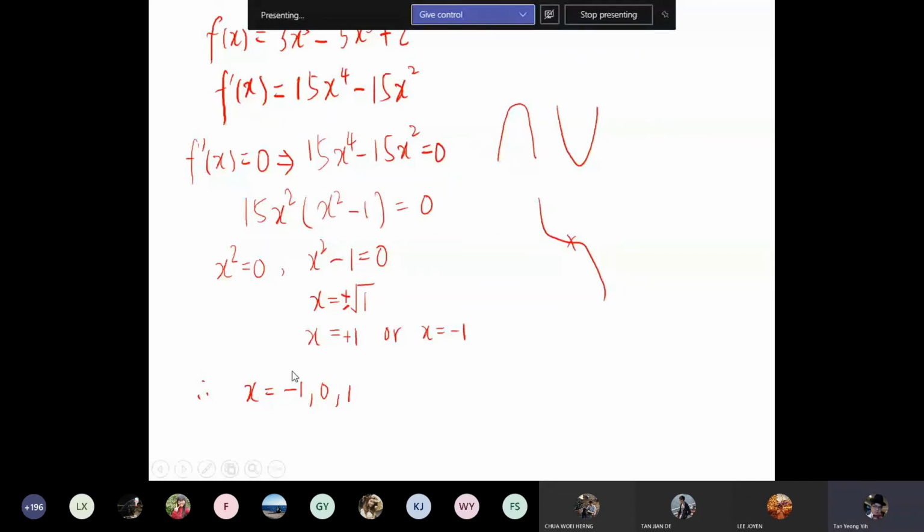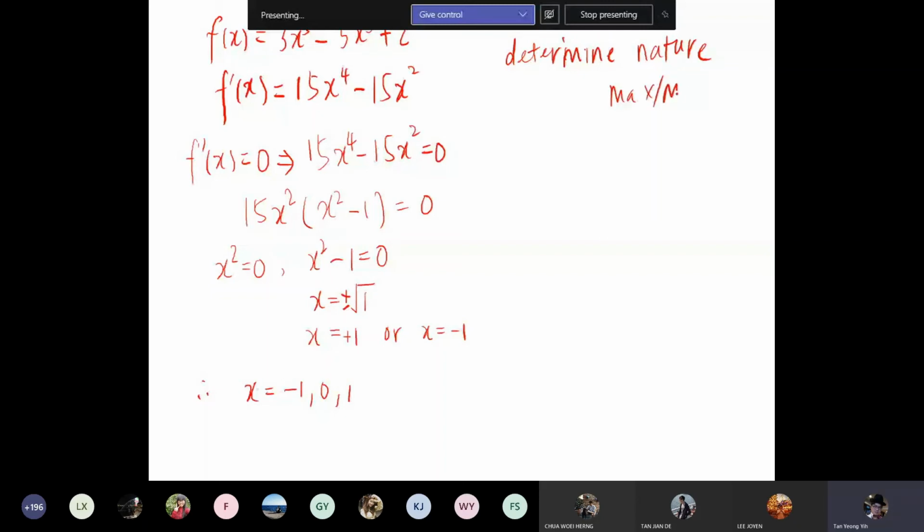So in the following discussion, we want to determine the nature. Nature means whether it is a maximum or minimum or inflection point.